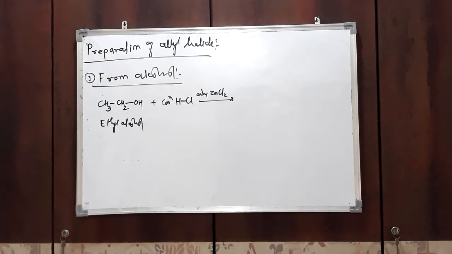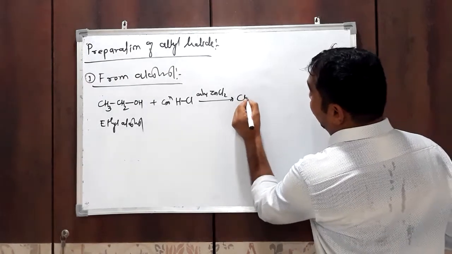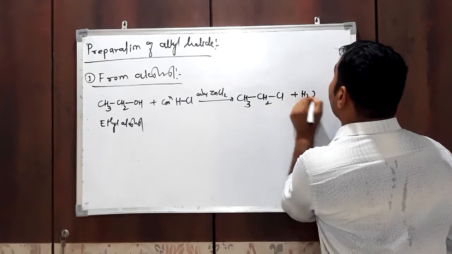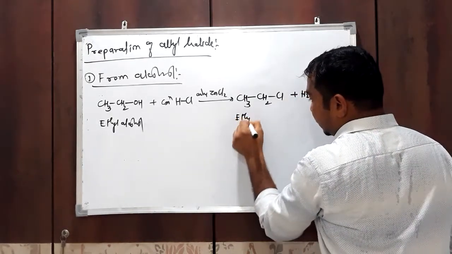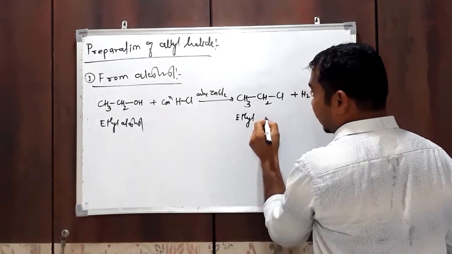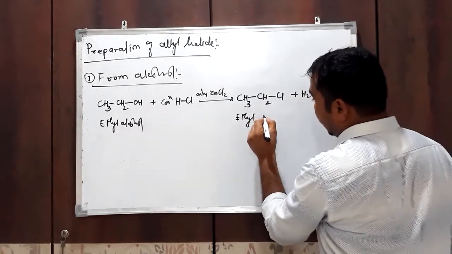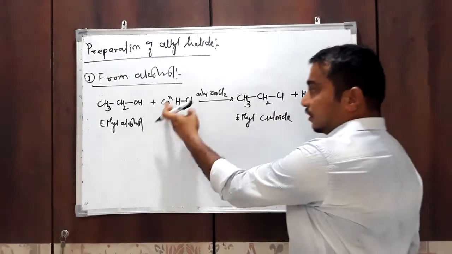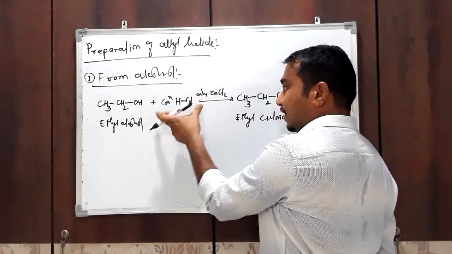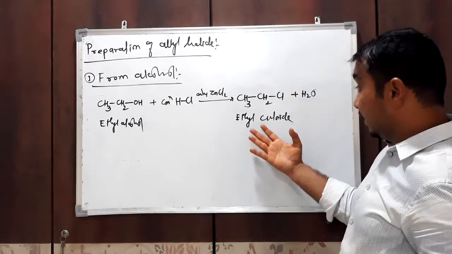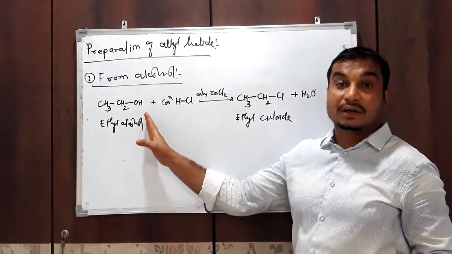This combination is known as Lucas reagent. That will remove water molecule and you will get ethyl chloride. Simply replacement of OH group by chlorine atom. So in this way we can prepare ethyl chloride by using alcohol.